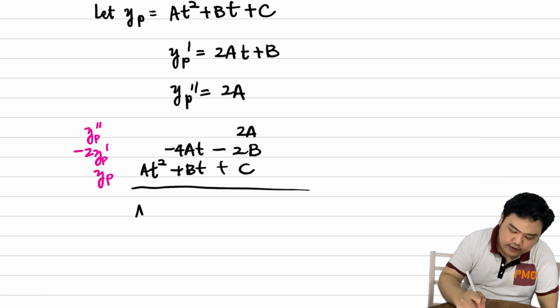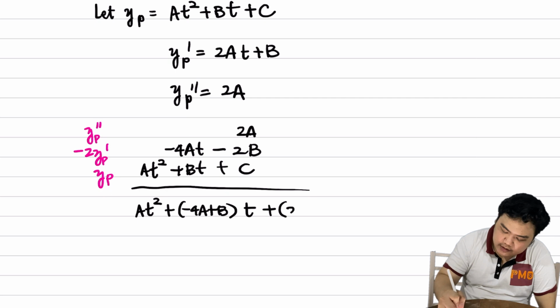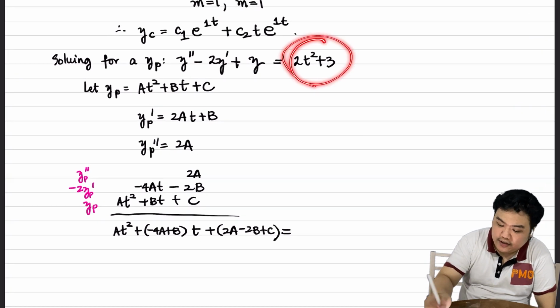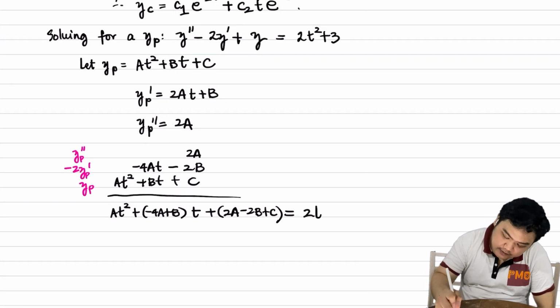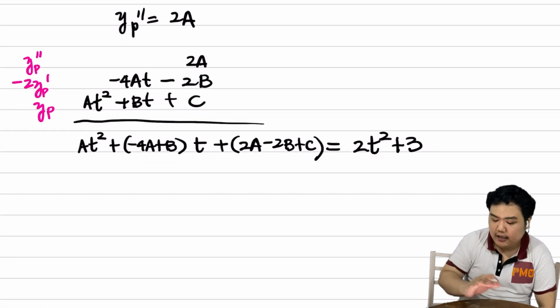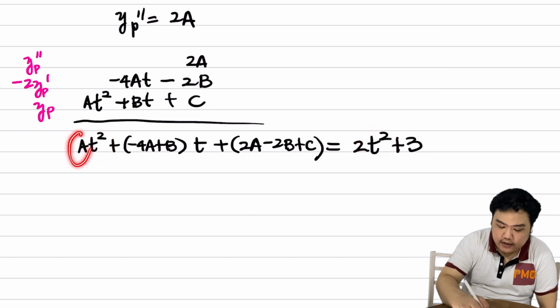So, you add all of them. Negative 4a plus b t, plus yung mga constants, 2a minus 2b plus c. Saan daw mag-i-equal? Sa thing na yan, 2t square plus 3. Ayan. And then, equate each coefficient. The coefficient of t square is a, which is 2.